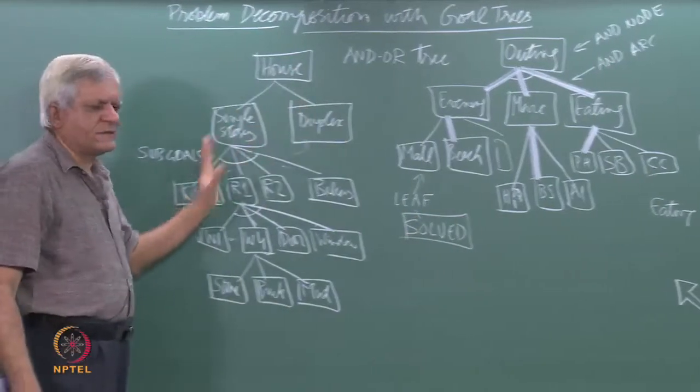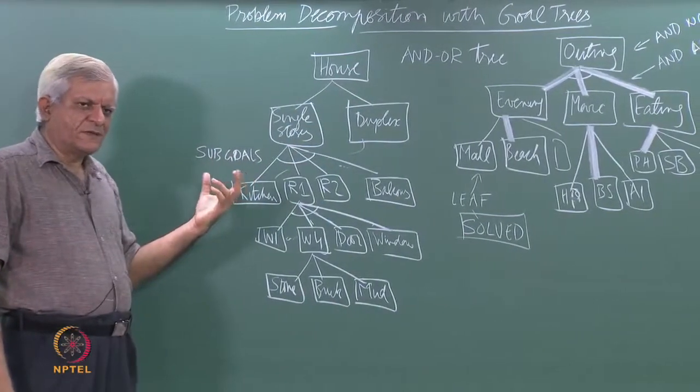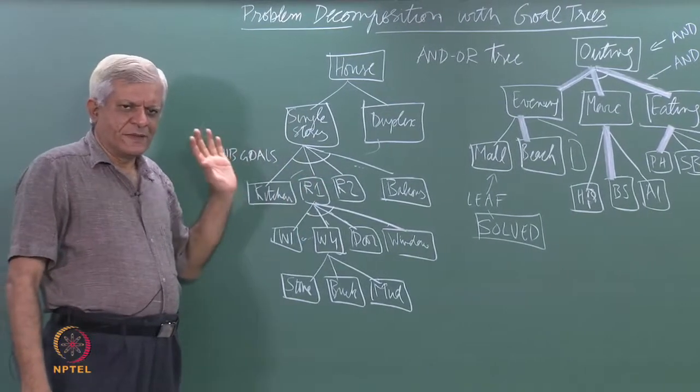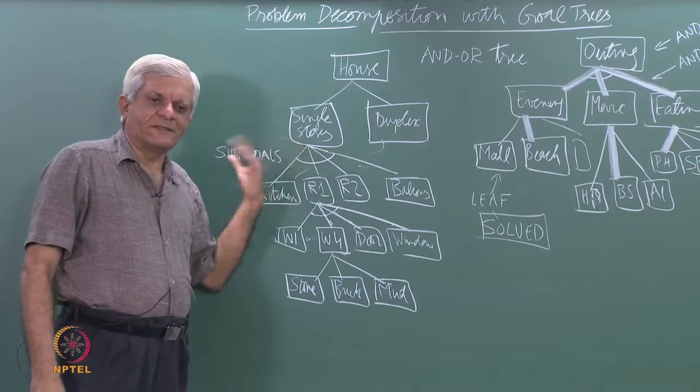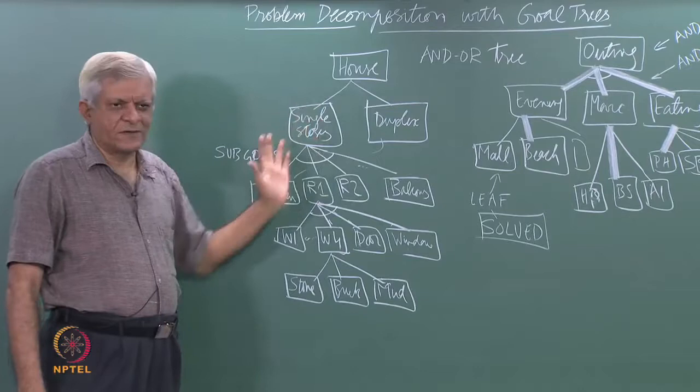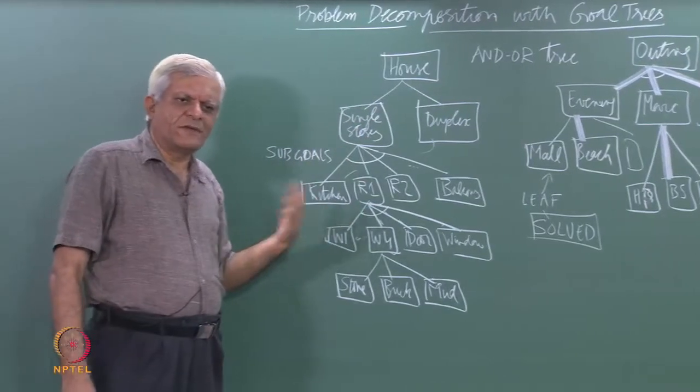So, the leaf nodes in the tree would be solved nodes, and solved nodes of course would have an associated cost with it. So, depending on the domain, we will start with looking at symbolic integration for example, which was one of the first applications which use AND OR graph. The solved nodes may not have any cost associated with it.